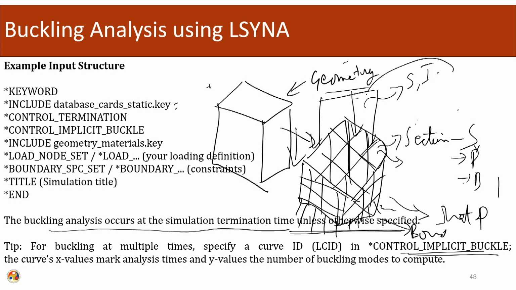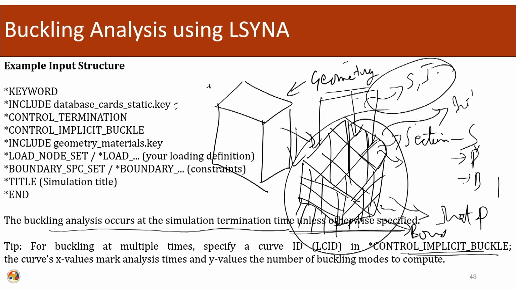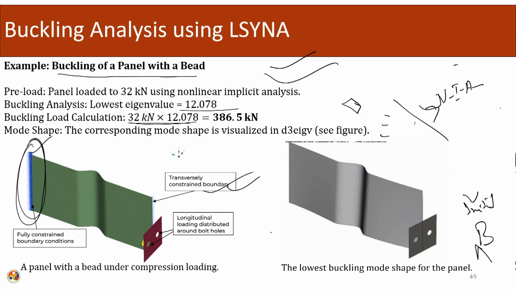The result of this analysis using the preconditions will be used as the initial condition for the buckling load analysis. So, after we get the results of the preconditions, we will do a buckling analysis. After we have performed the buckling analysis, we can visualize our solutions.